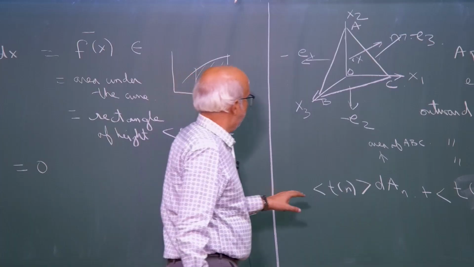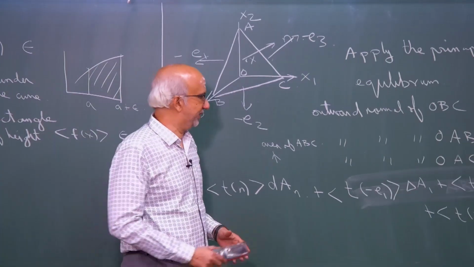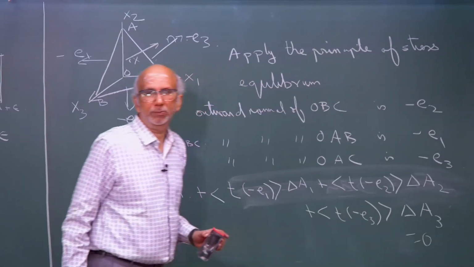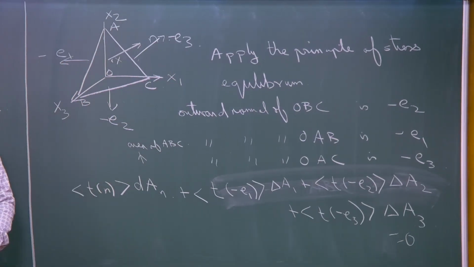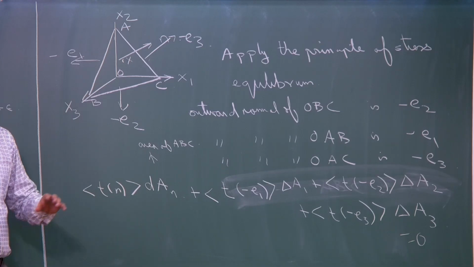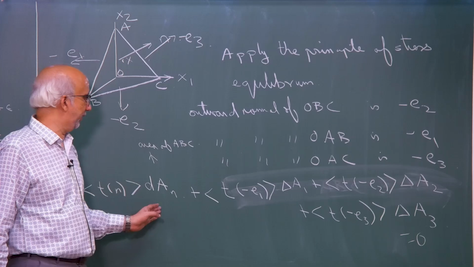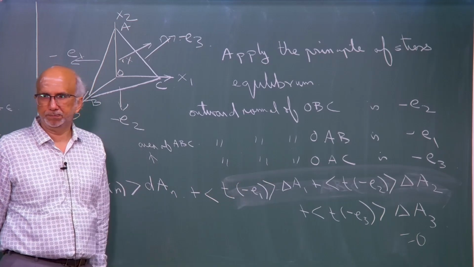So, this has to be 0 from my principle of stress equilibrium. The force acting on that particular area, the average multiplied by dN, plus this must be 0.